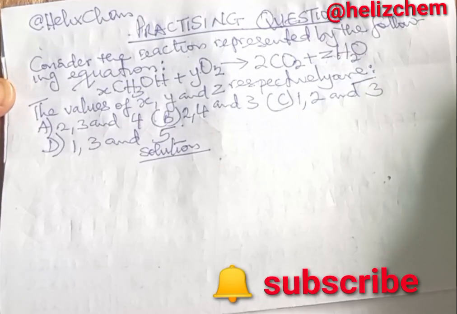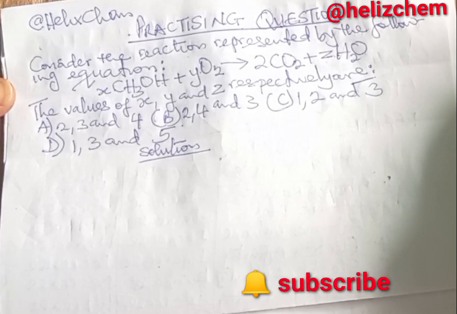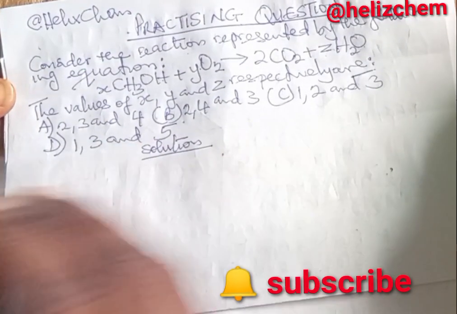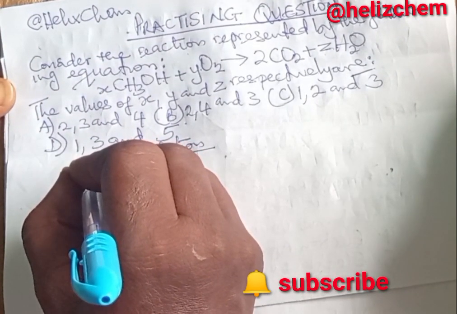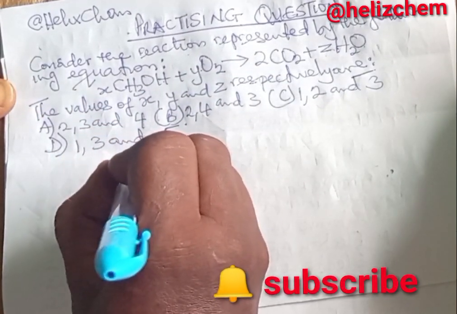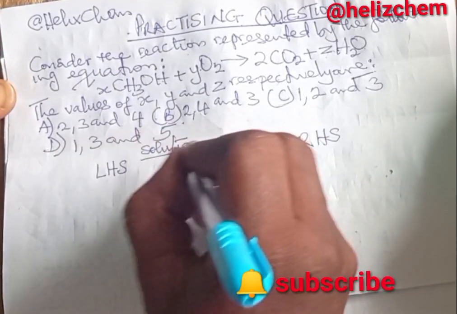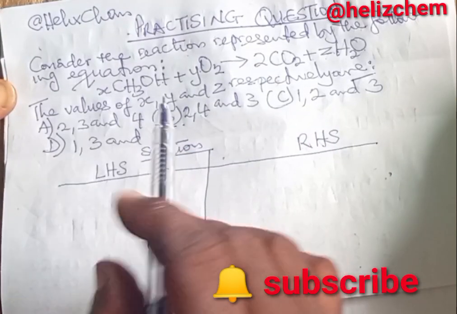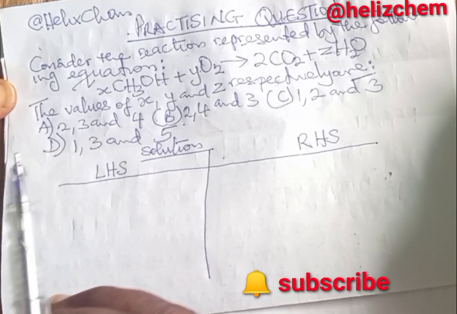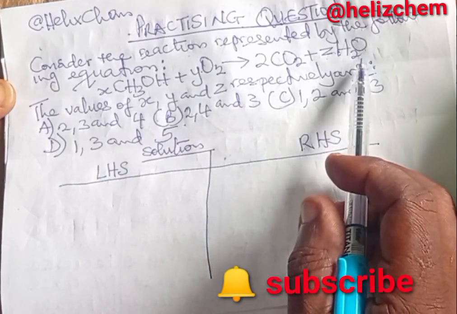So, the method we want to employ in balancing this equation is called check and balance method. How do we go about it? We all know that equations have two sides. There's something we call left hand side and right hand side. Now, let us look at the elements and the number of atoms that are present in the left hand side of the equation and right hand side of the equation.